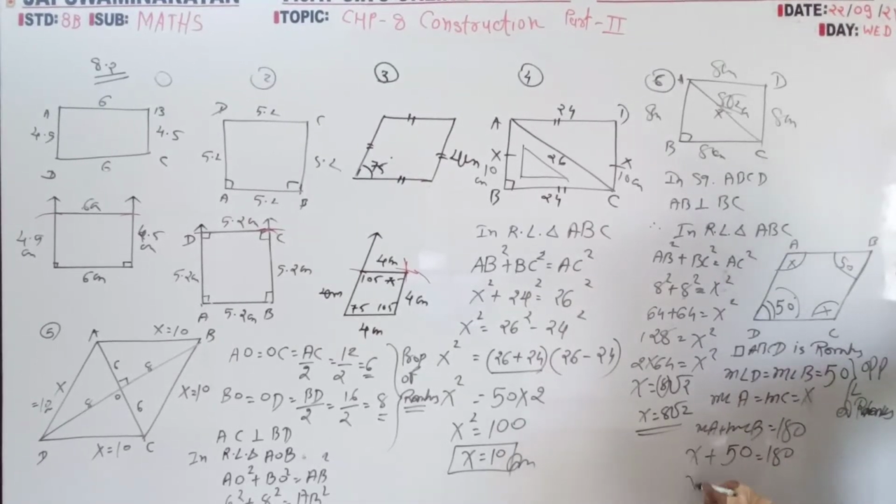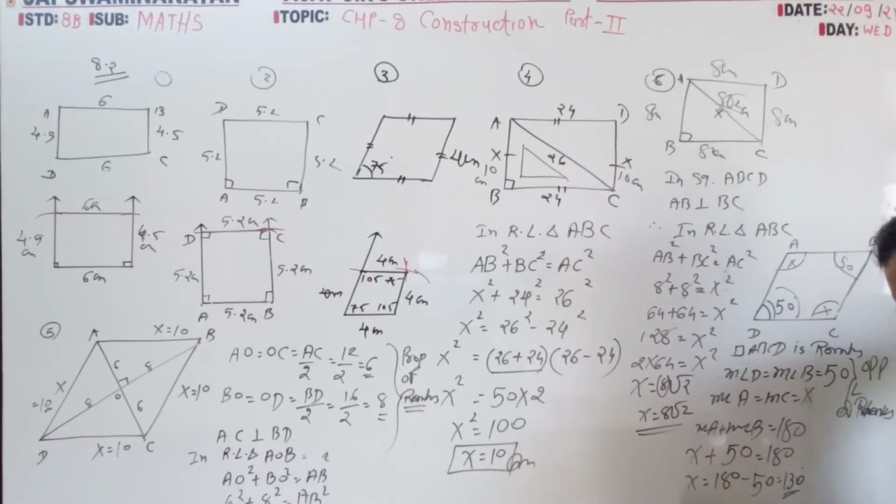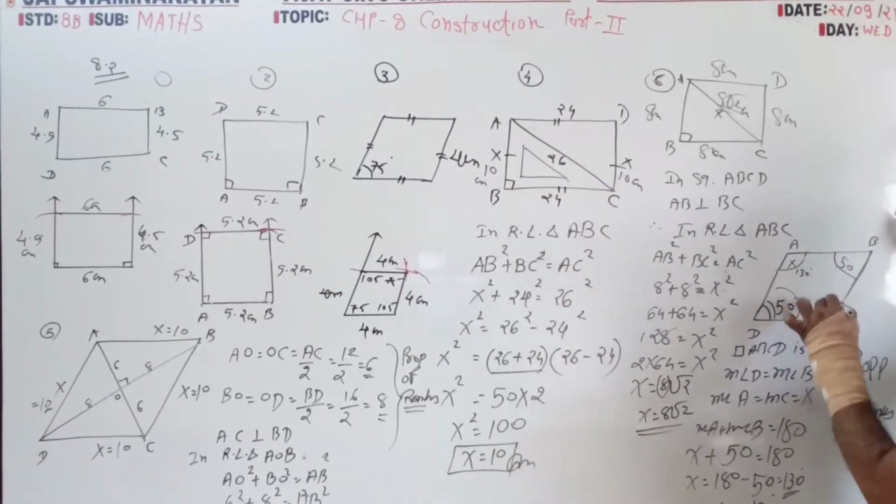So it is 130. So x is what? A and C, this is 130.